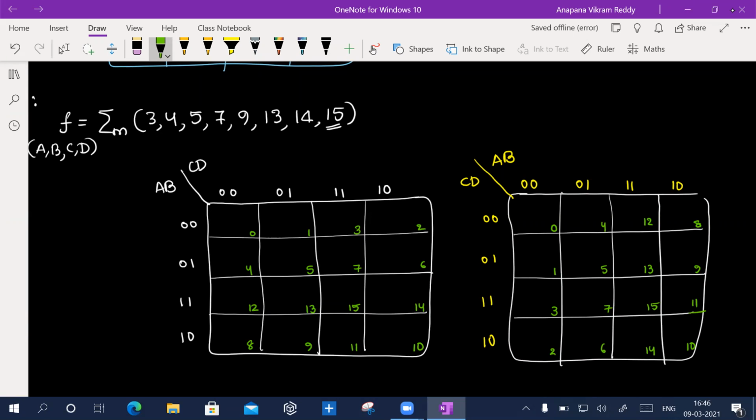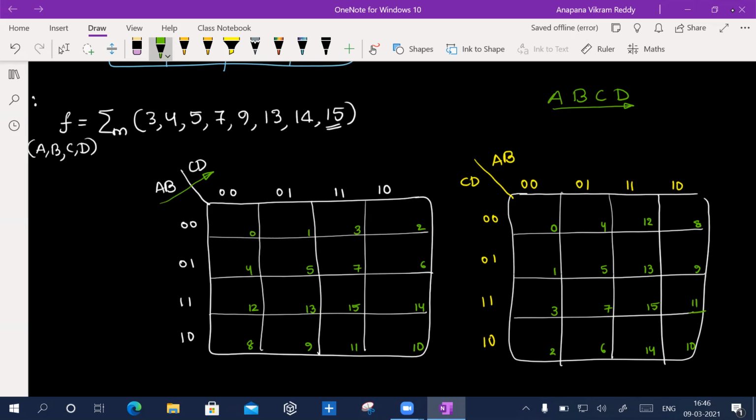You see this, you are coming this way, A, B, C, D. The order is A, B, C, D. Here, this is simple.